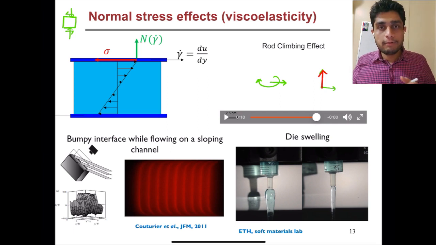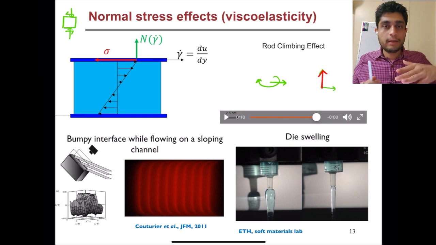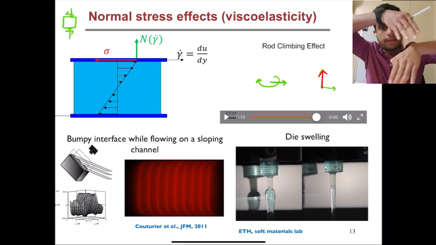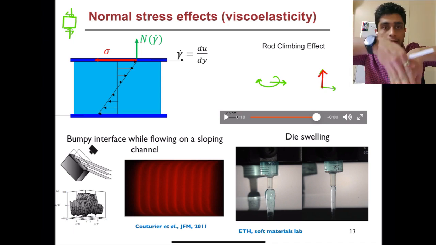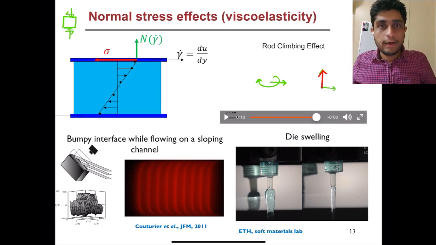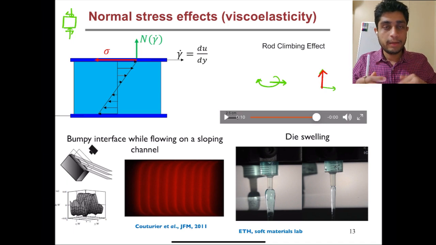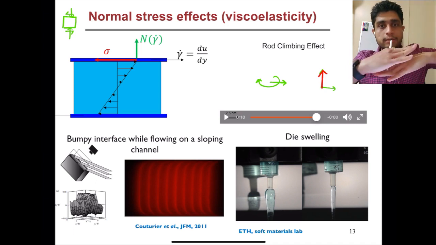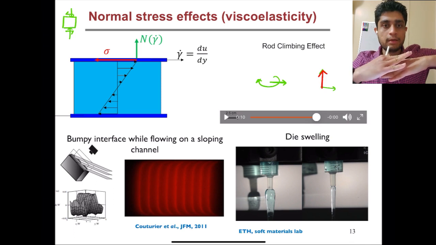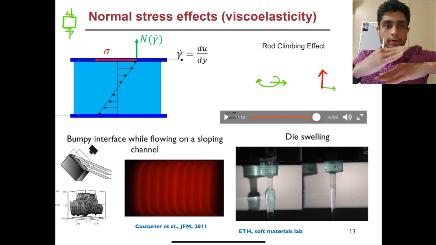But now if we have a non-Newtonian fluid instead of a Newtonian fluid, as you can imagine, if it is flowing down a slope, there is a shear rate, and because of that shear rate there is a shear stress. But in addition to the shear stress, now that we know there are normal stresses as well, the shear stress acts parallel to the slope, but the normal stress acts perpendicular to the slope, right?